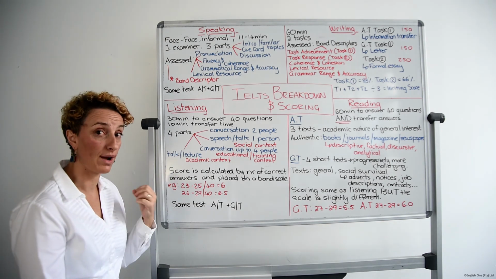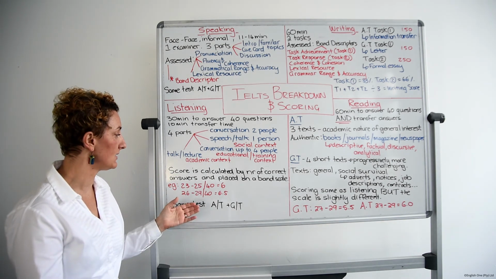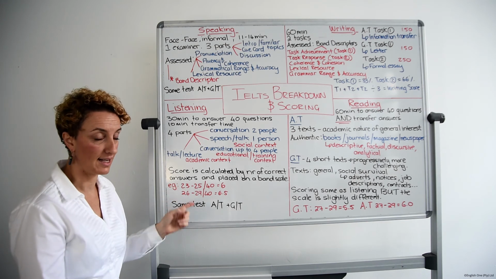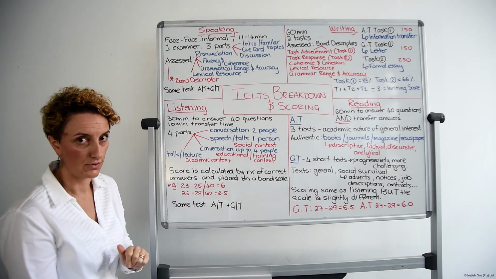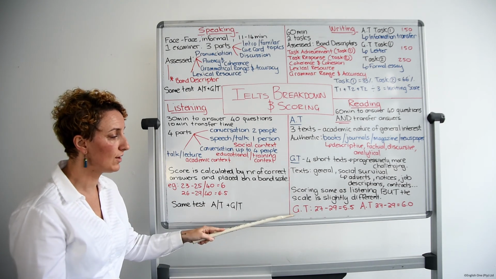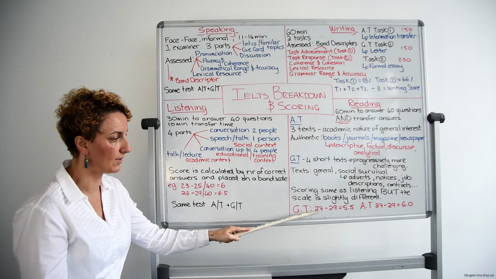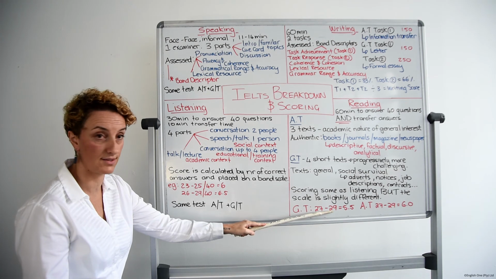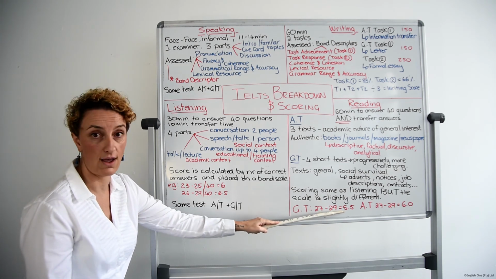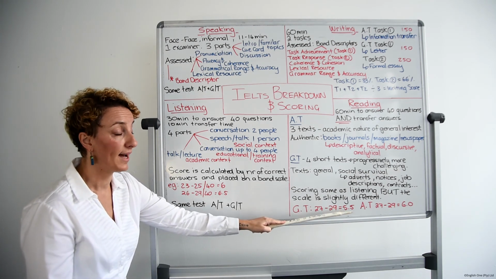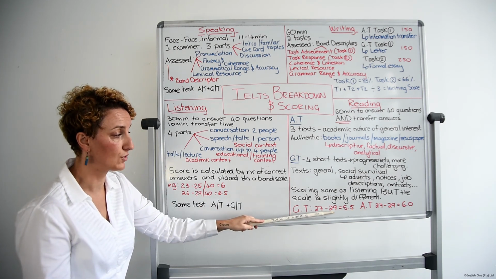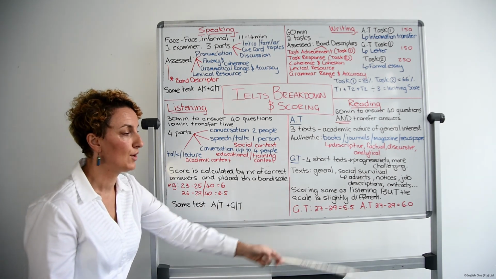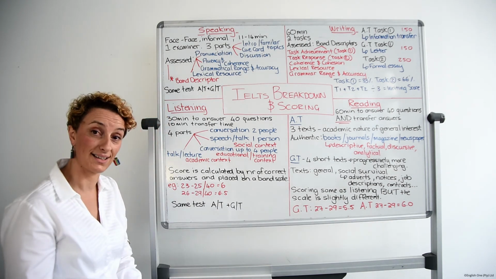And the scoring for the reading is exactly the same as the listening. However, the scale is slightly different. For the general test, if you get 27 out of 40 correct answers, the band is 5.5. But in the academic test, if you get 27 out of 40 correct answers, your band will be band 6.